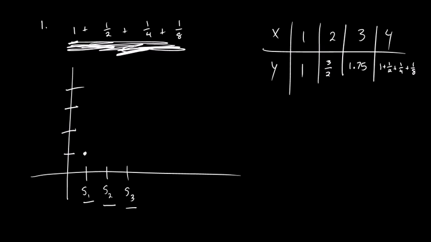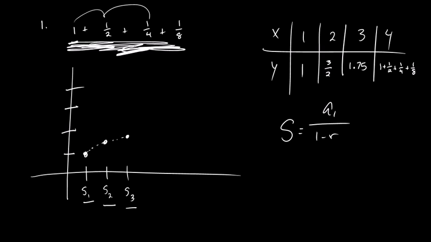So at 1, my point is 1. At 2, my point is 1.5. At 3, it's 1.75. And so I know that it keeps getting closer and closer to a total sum. Here, I can use my formula, a sub 1 over 1 minus r. What am I multiplying by every single time?